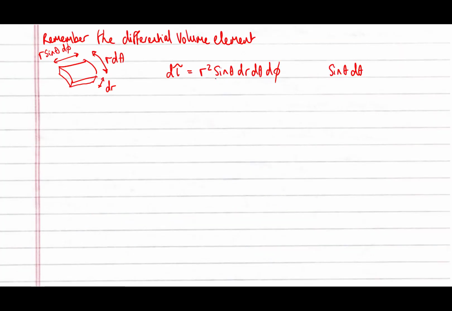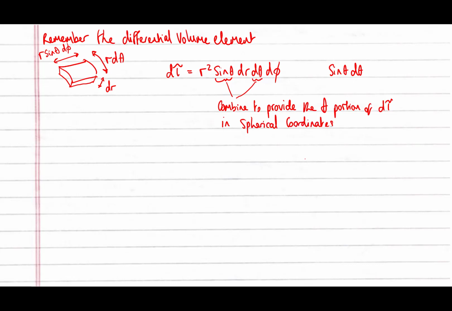So these two pieces combine to provide the theta portion of d tau in spherical coordinates. So just trying to tie up some loose ends in here. So let's actually jump back to the associated Legendre functions. So we'll do the associated in the same vein now.